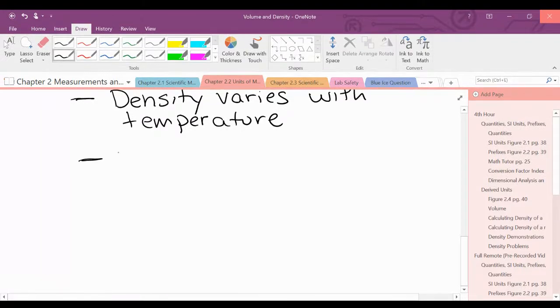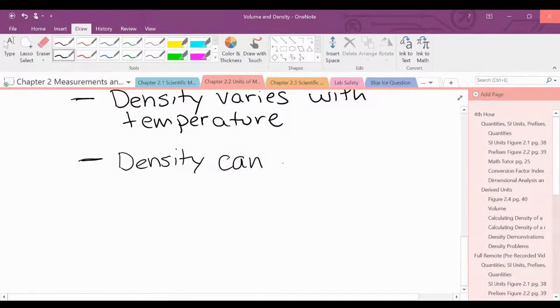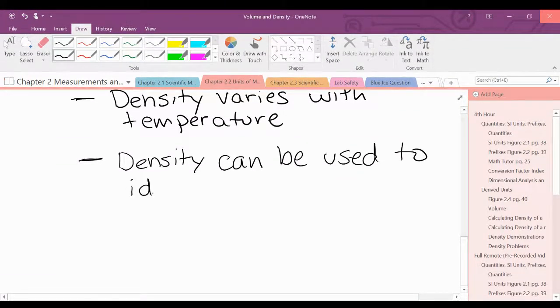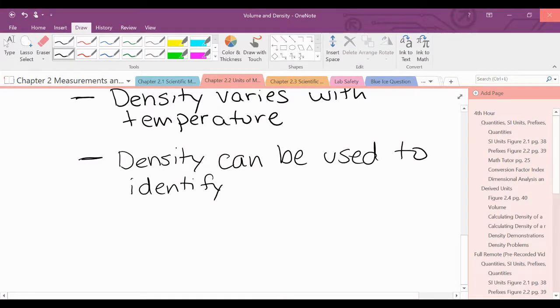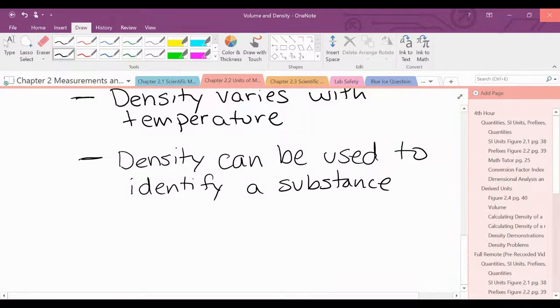So density can be used to identify a substance. For example, the density of water is approximately 1.00 grams per milliliter. It doesn't matter if you have an entire bottle of water or a teaspoon of water, the density of water is the same.